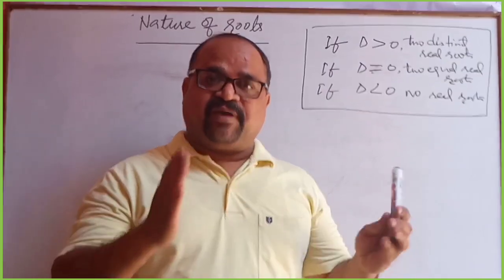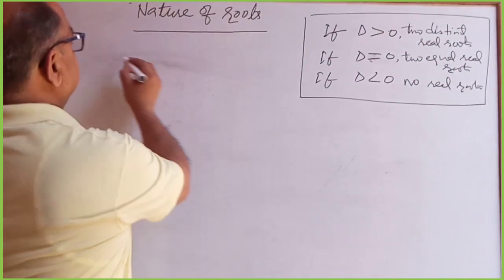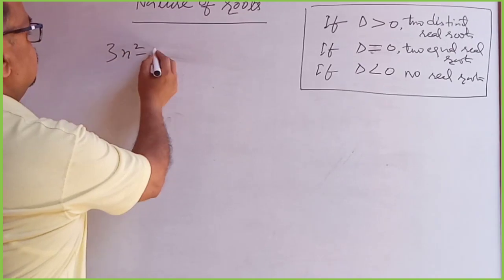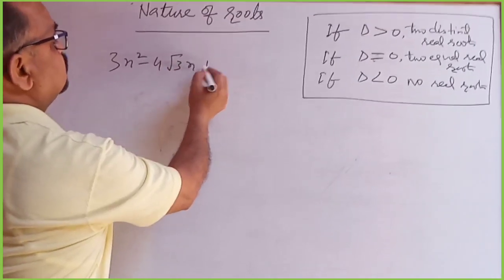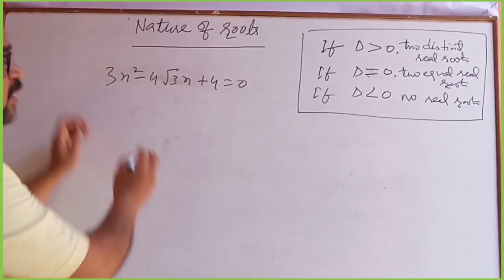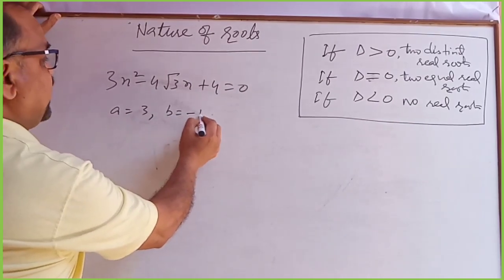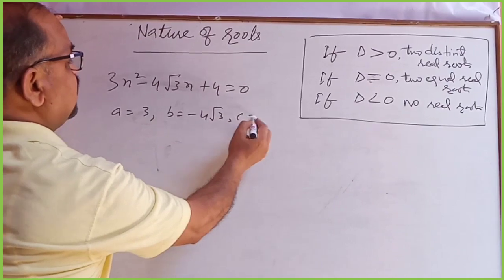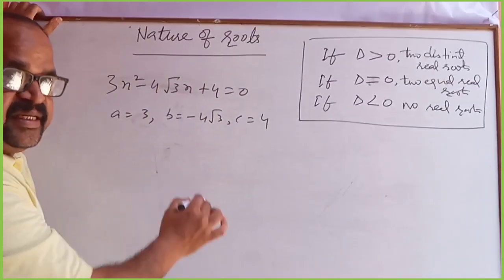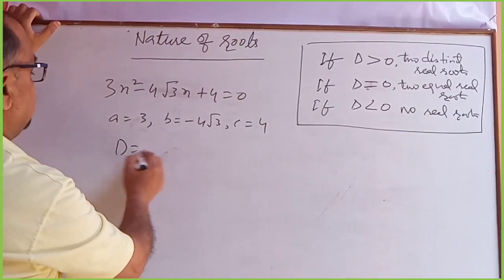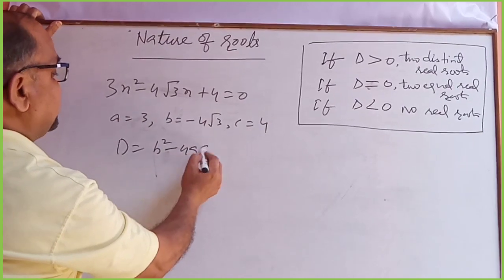Students, let's take one more example. Here a is equal to 3, b is equal to -4 root 3 and c is equal to 4. Discriminant D is equal to b square minus 4ac.